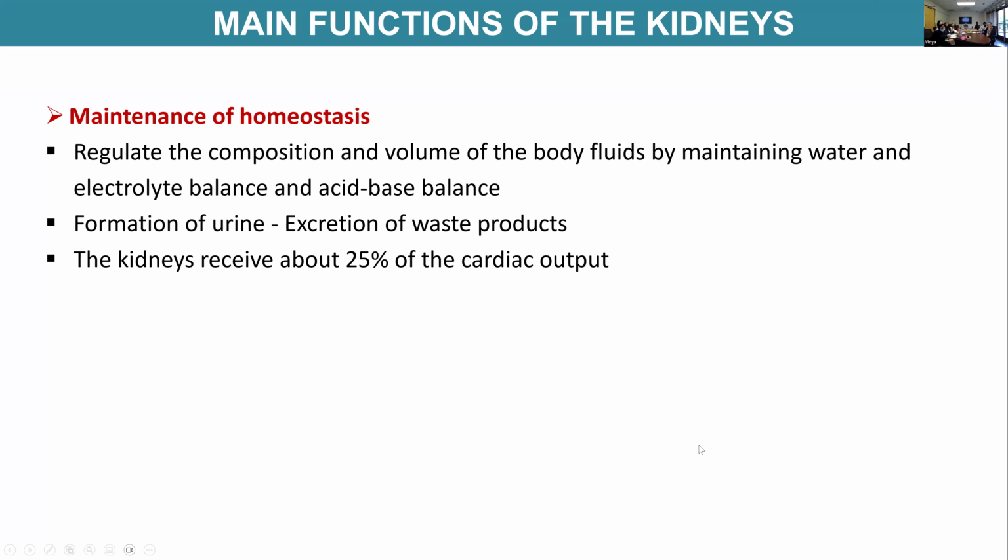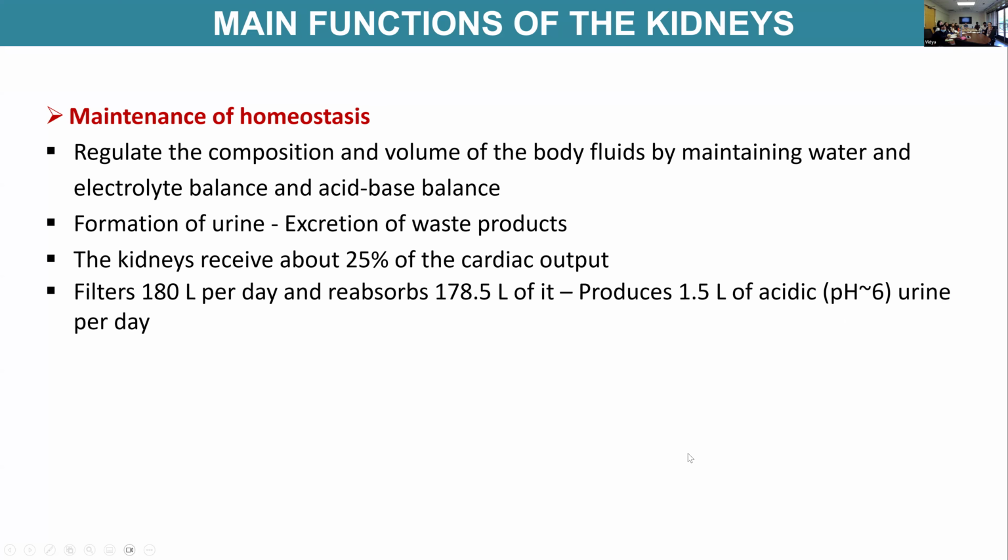Kidneys receive about 25% of the cardiac output, and filter almost 180 liters per day. Then it reabsorbs most of that, to give about 1.5 liters of acidic urine. So it does lots of filtration and reabsorption.